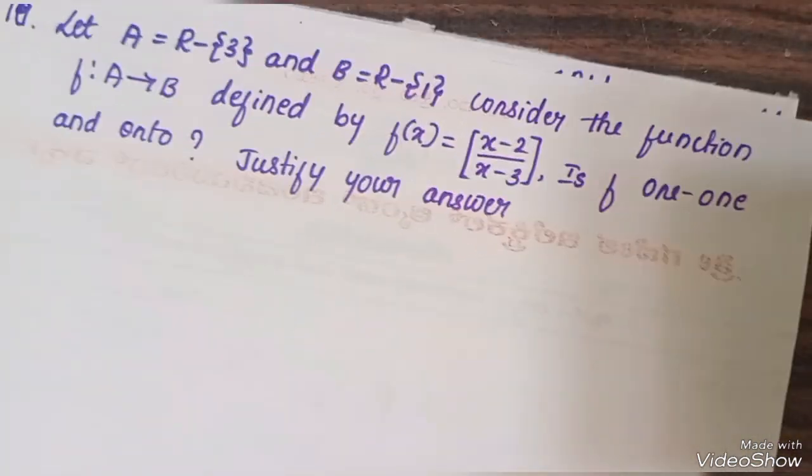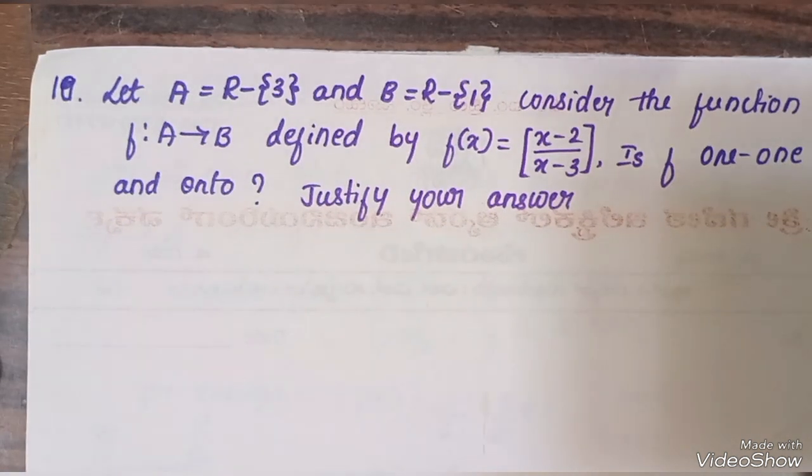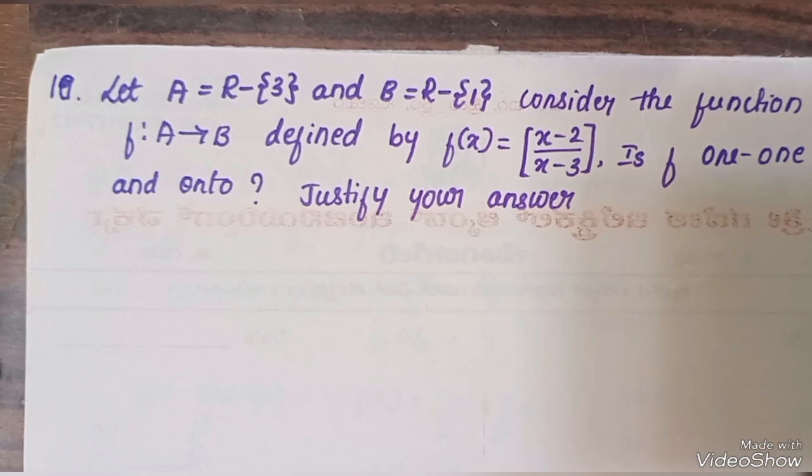The next one, question number 10. Let A be the set of real numbers except 3 and B be a non-empty set, the real numbers except 1.